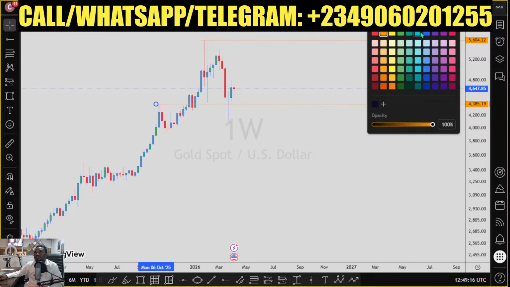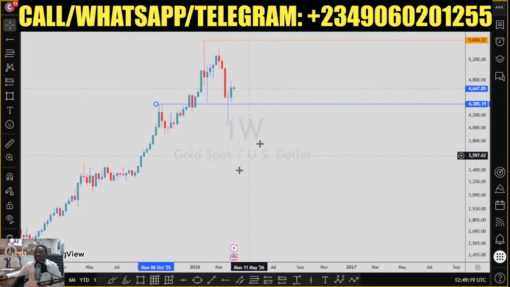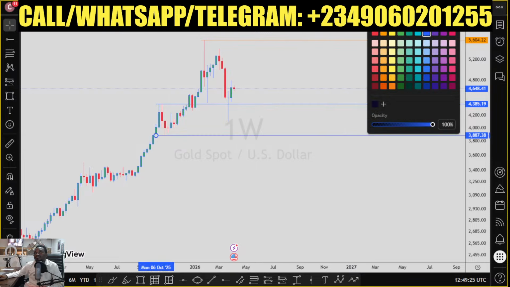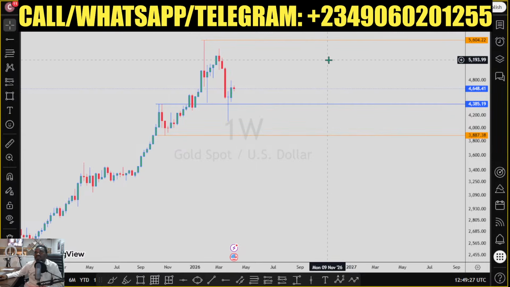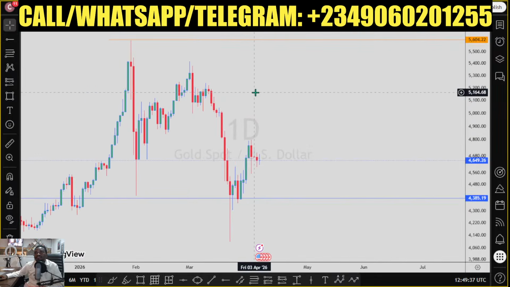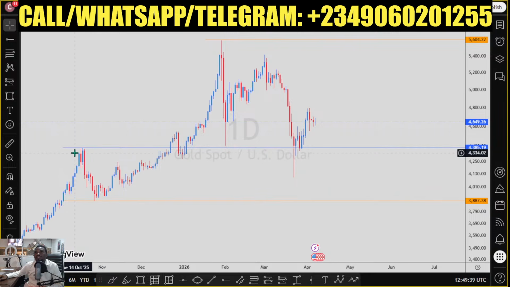However, we still need to adjust it from the day chart. We are done marking our key levels from the weekly chart. Now let's go to the day chart. This is what we have on the day chart.